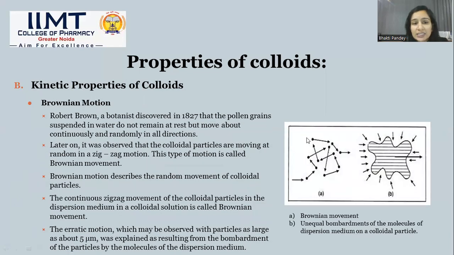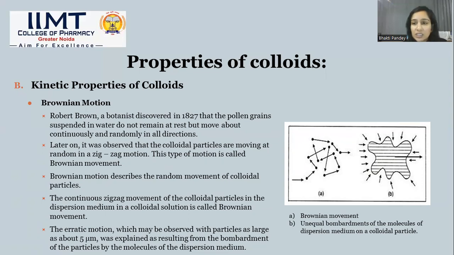Now we will discuss one or two kinetic properties of colloids. The first kinetic property of colloids is Brownian motion, a very important kinetic property of any colloidal particle. So what is Brownian motion?